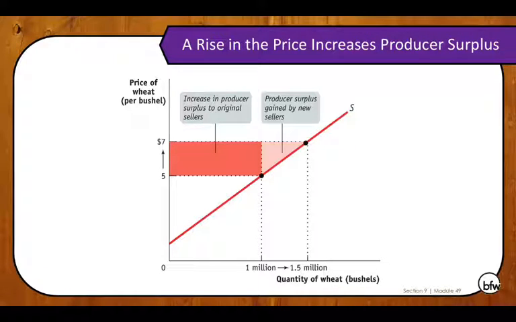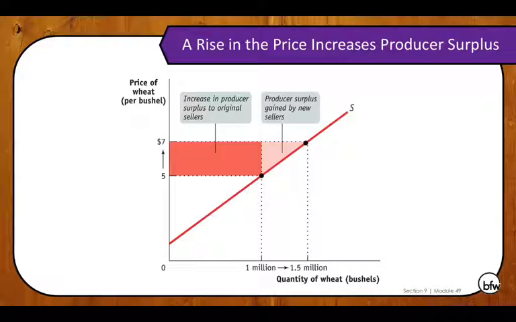So the increase in producer surplus is the area of the rectangle added to the area of the triangle. And we can see this in the graph as a bigger total triangle than what we had before.